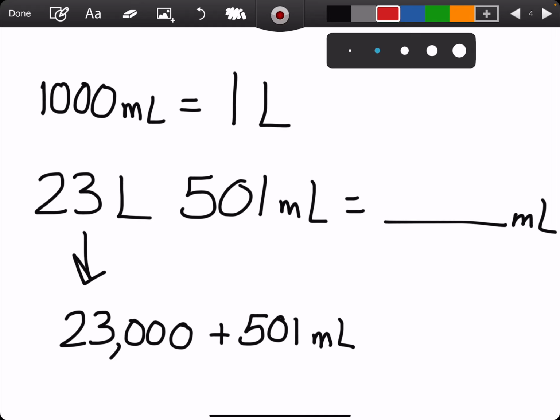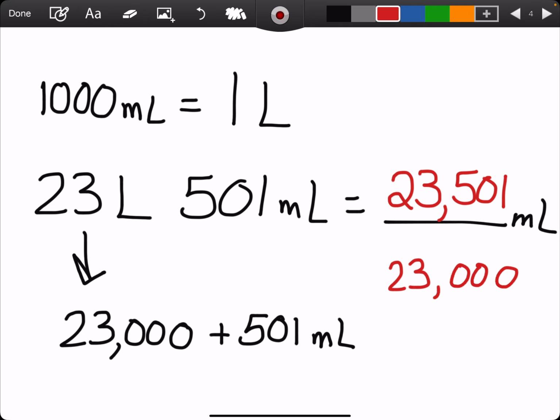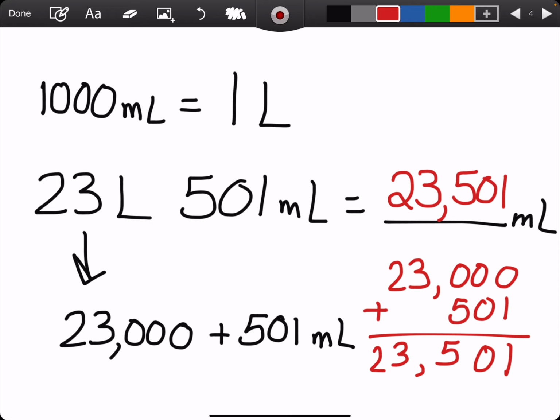You may just be able to combine those and say 23,501 milliliters. Add them up, and there you go.